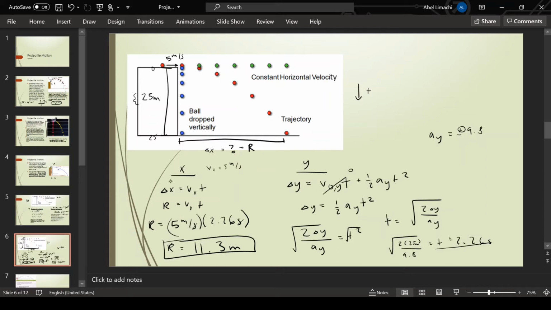The same thing if it was vice versa. If you didn't know what this length was, but you knew what this was, you can solve for t over here in the x direction and plug it back into the y. So time is the thing that you're going to solve for in one of these parts, in the x or the y direction. And then you plug it into the other direction, and then you figure out whatever you need to find out.